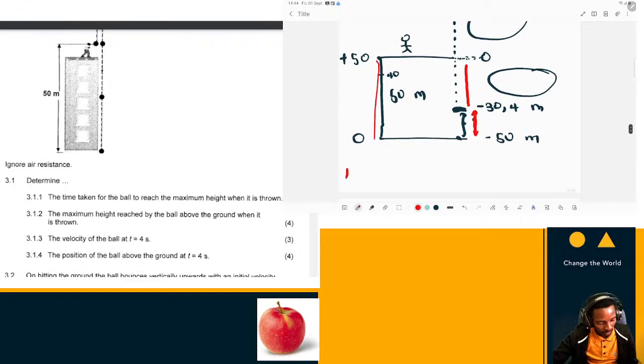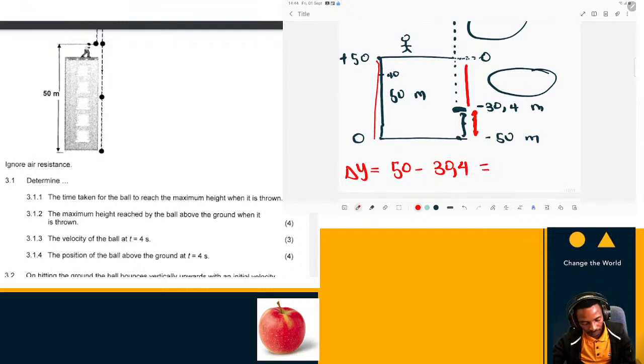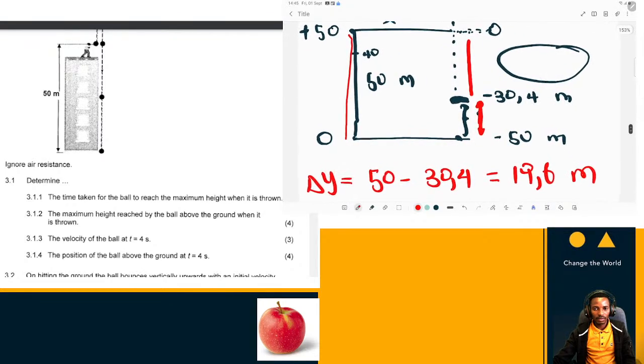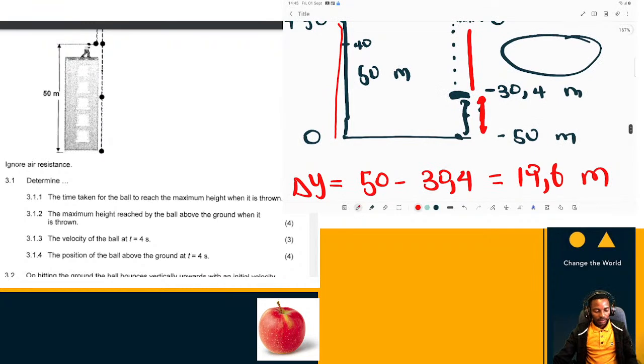So the height above, the distance where the ball is above the ground, will be 50 minus 30.4, which is equal to 19.6 meters. So the ball will be 19.6 meters above the ground.